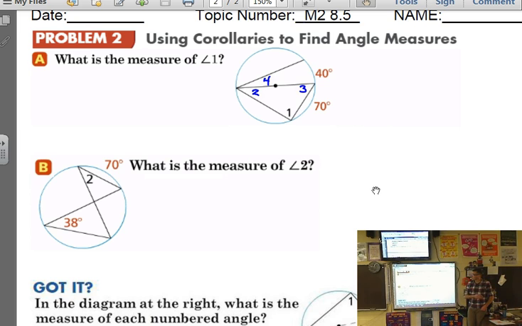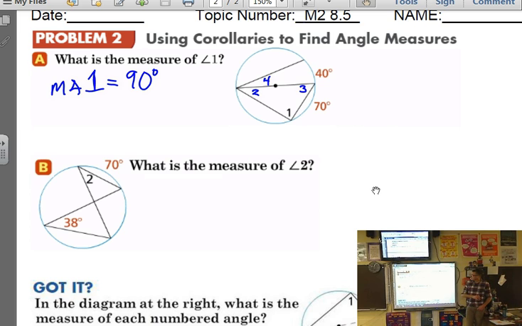So, angle 1, how do I know what angle 1 is? There's a diameter there, which means that angle would be 90. So really the rule that we could create here was if an inscribed angle intersects the diameter, it's got to be 90 degrees. So we know angle 1 is 90 degrees.